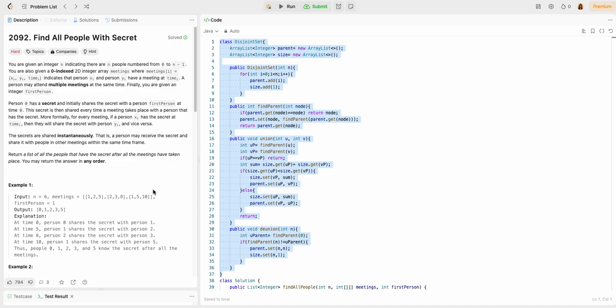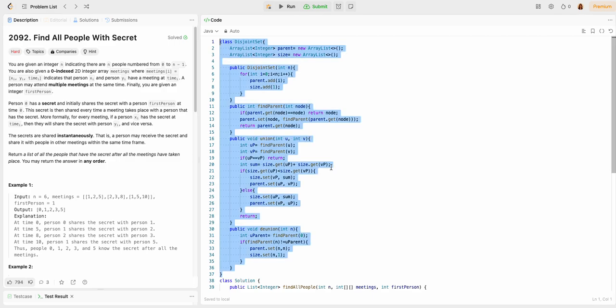It will not take some time for a person to share it with the other person. No, it will happen instantaneously. So if at any particular time a person is getting the news, they will share that news with all the other people with whom they are having a meeting.